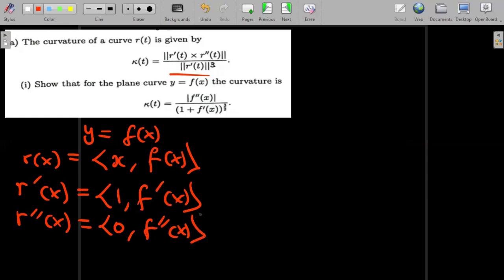After getting this, what we do next, we must check here on top. As you can see inside, you have r prime of t cross, so they're finding the cross product with r double prime of t. So we'll do the same. We'll say r prime of x cross r double prime of x. If it's going to be a cross product, I'm going to put this in a matrix like this.